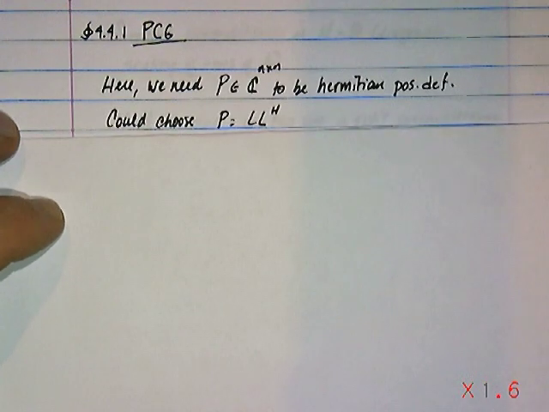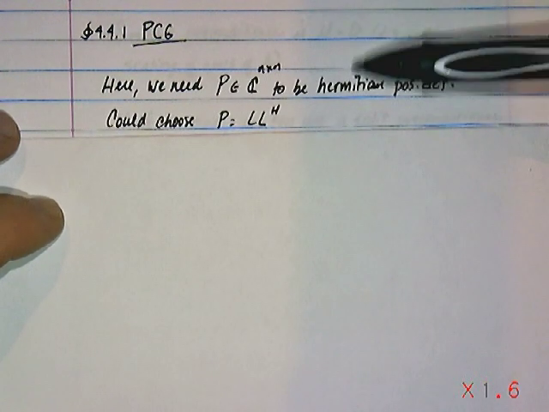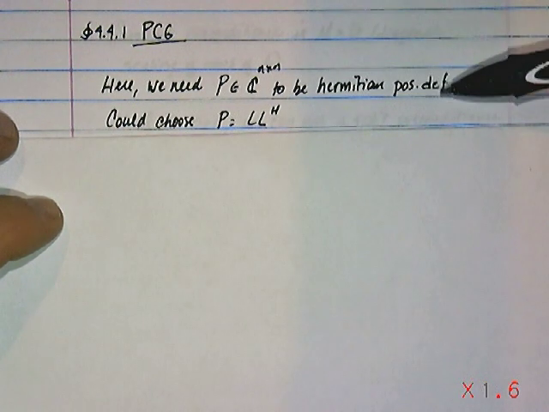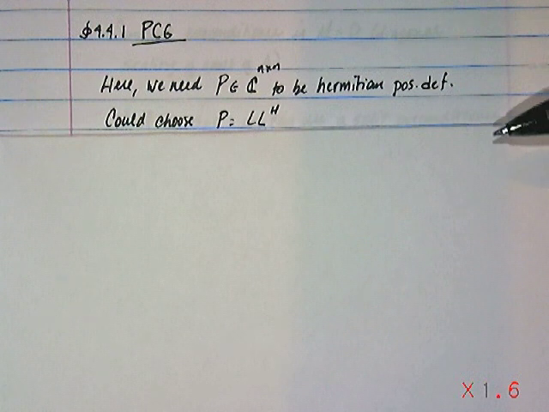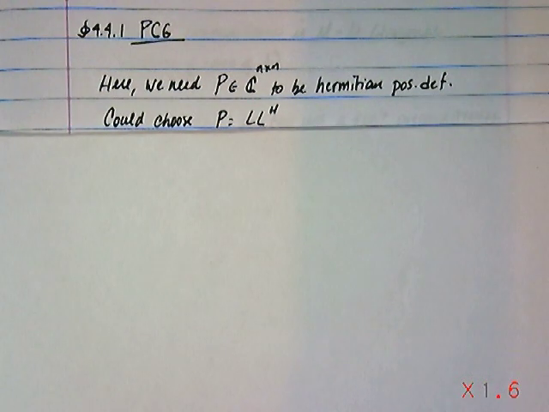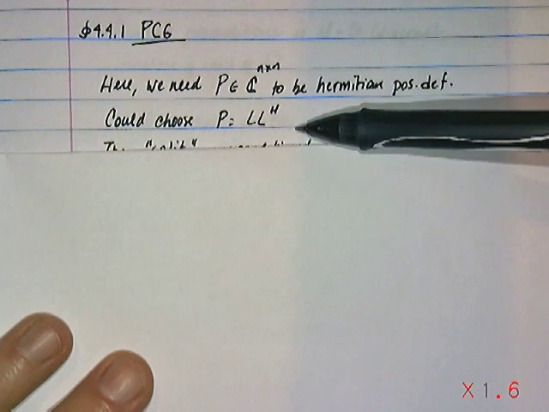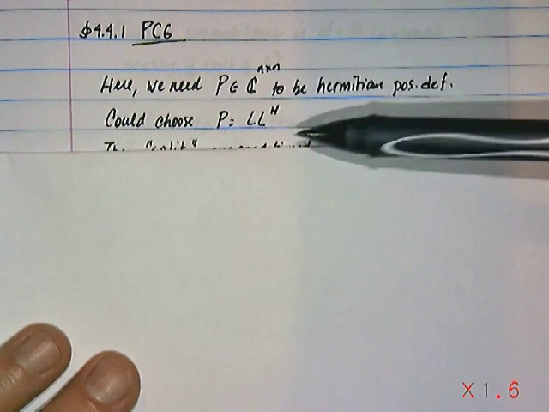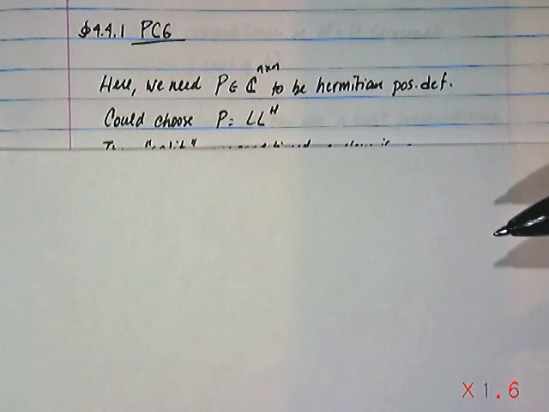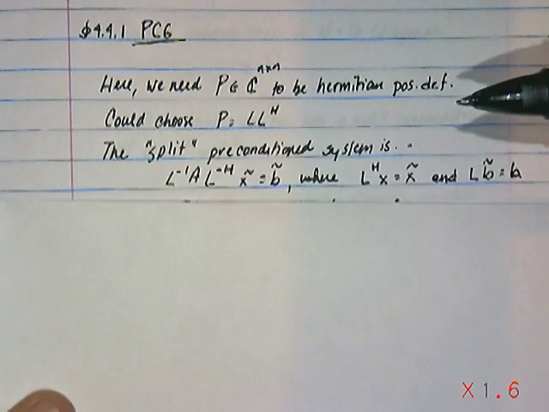Here, what we're looking for is an n by n preconditioner that is Hermitian and positive definite. We're typically using conjugate gradient on a Hermitian positive definite system, or a symmetric positive definite one if you're in the reals. And one thing you can do is choose your preconditioner to be a Cholesky factorization, perhaps, because it is an HPD matrix. We can always produce a Cholesky factor of it.